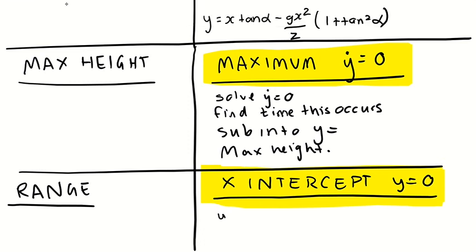Once again, that's going to find you the time this occurs, and to find the actual x value, you sub it into x equals. That'll give you the x value of your x-intercept.